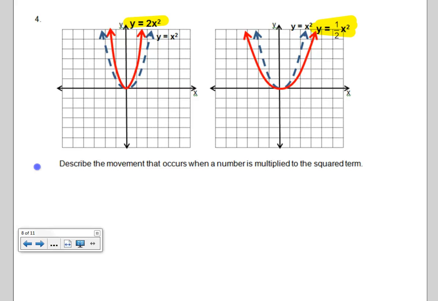The y equals 2x squared graph is thinner, more narrow than the original, and the y equals 1/2 x squared is fatter. That's because you're speeding it up in the first graph or you're slowing it down in the second graph. If you're speeding it up, it's going to rise more quickly, and therefore it's going to be skinnier. In the second graph, you slowed it down, so it's going to become wider because the rate is going slower.